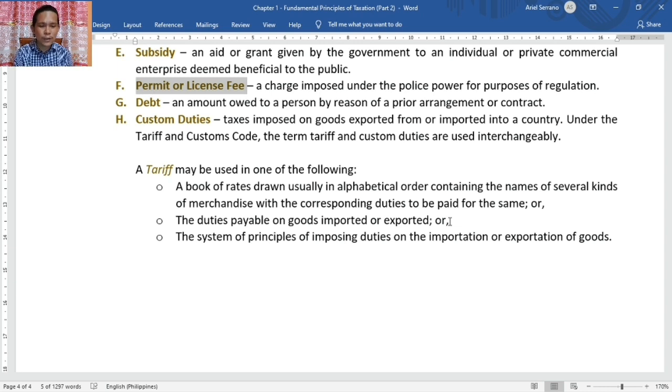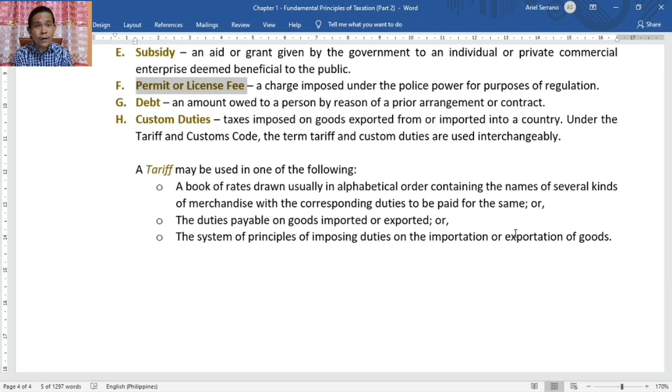Magkano yung custom duties. Next, it is the duties payable on goods imported or exported. Kaya kung makikita ninyo, halos ganun din naman yung definition ng custom duties. And last, it is a system of principles of imposing duties on the importation or exportation of goods. So, ganun na naman, importation or exportation of goods, and maire-relate na naman natin ito sa custom duties.